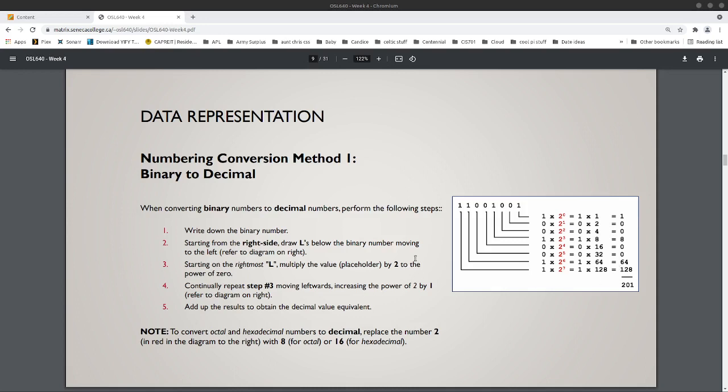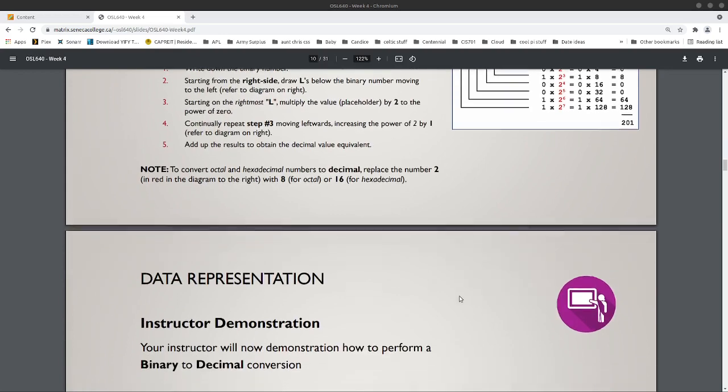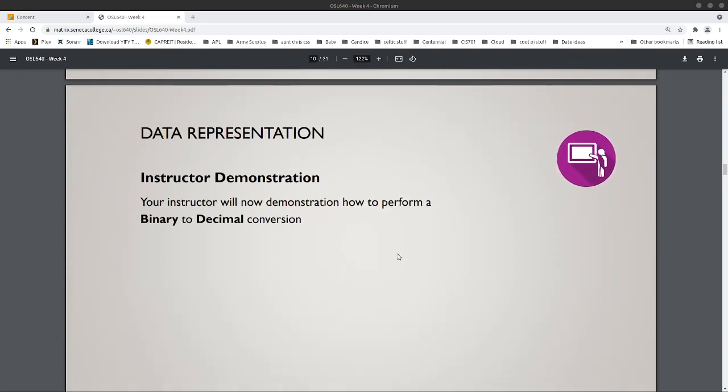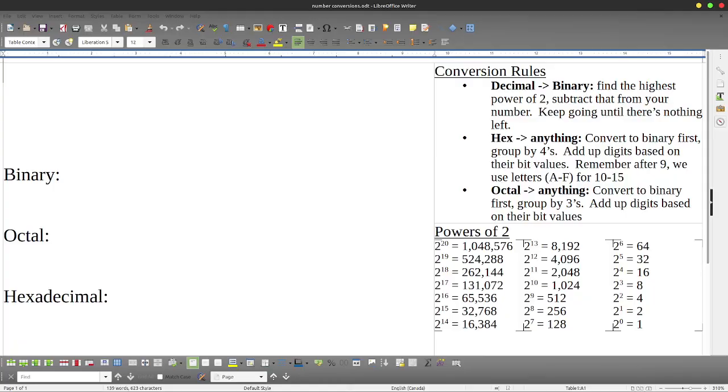Now you can start to do this fairly quickly once you get the hang of it. But this does get more complicated as your numbers get bigger. So let's show you some binary to decimal conversions. And I have a document set up for this that could be useful.